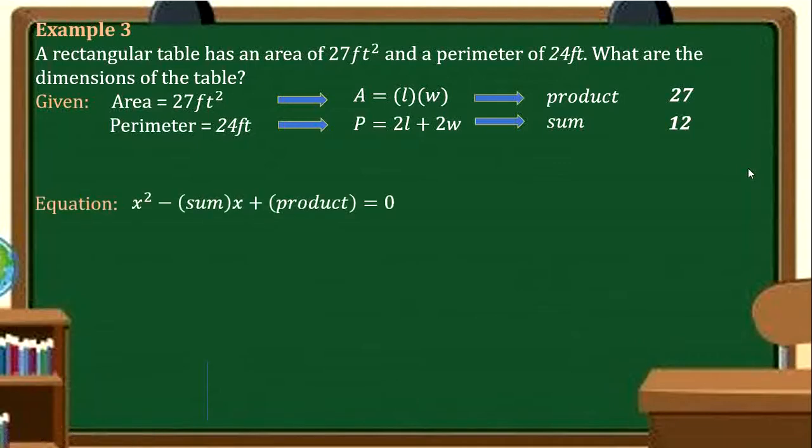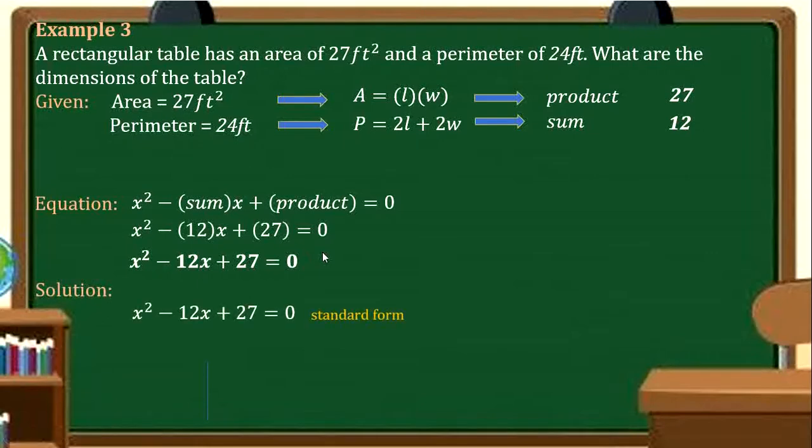So, gagamitin natin yung pattern na x squared minus the sum times x plus the product equals 0. And then, substitute. So, magiging x squared minus the sum is 12x plus the product is 27 equals 0. Okay?